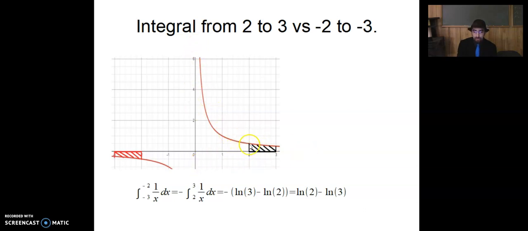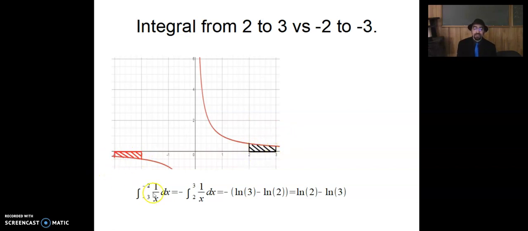So by symmetry, this black area over here has to be perfectly matched by this red area over here. However, when I take the integral, since the black area is above the axis and the red area is below, my integral is going to be negative in this red region and positive in this black region.